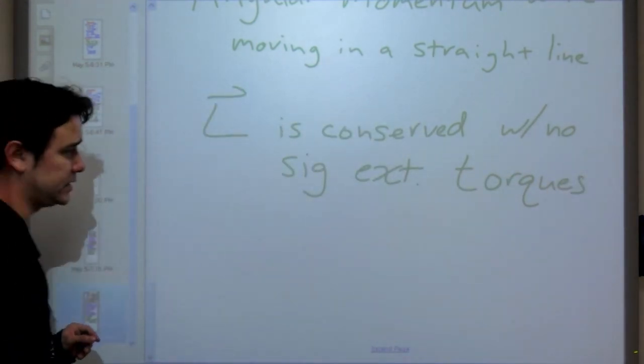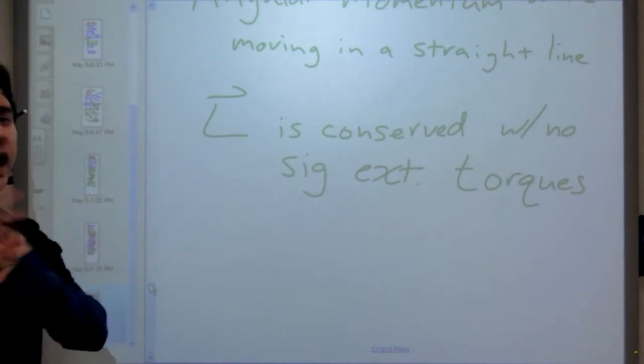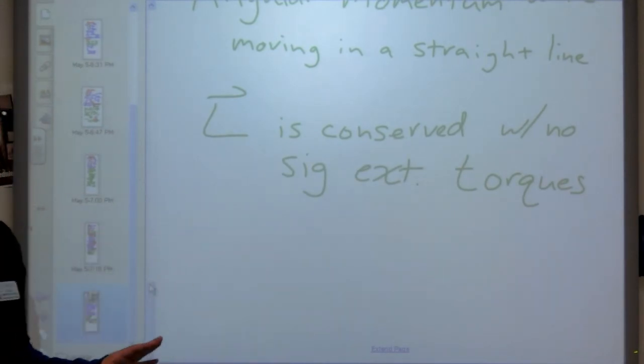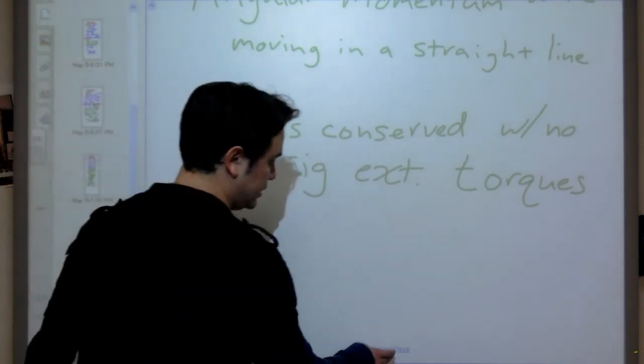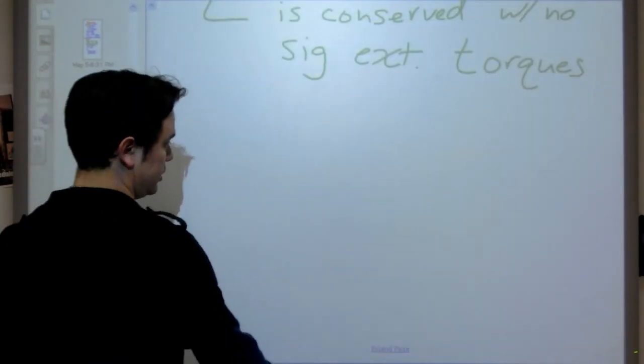Big thing to remember on this is you can have all kinds of forces, but if they're always directed through your center of rotation, they cannot be torques, and therefore they will not actually change your angular momentum. This leads to the ideas of Kepler's laws, among other things.